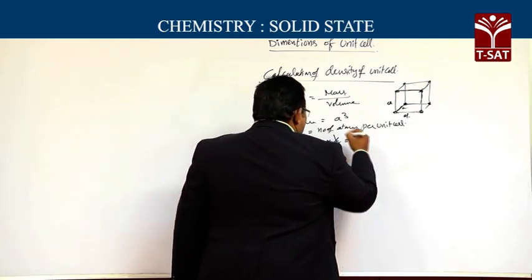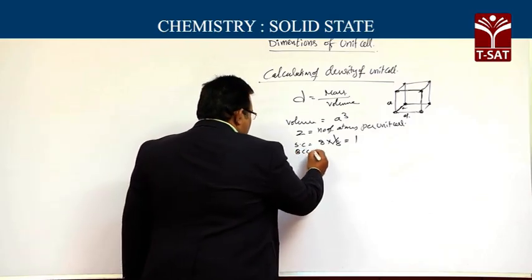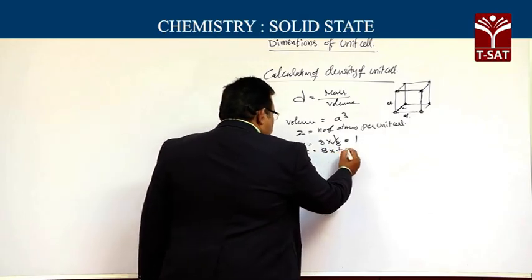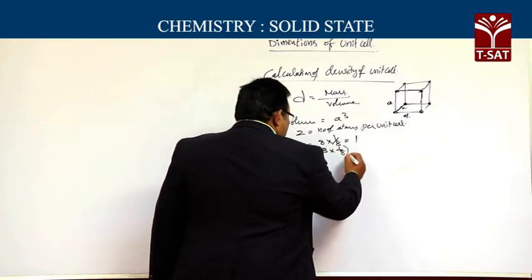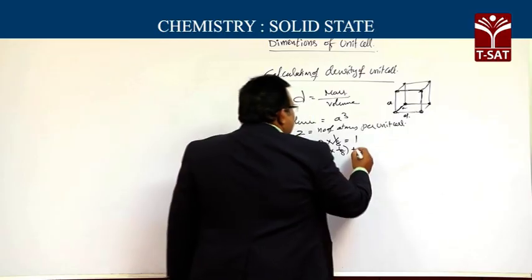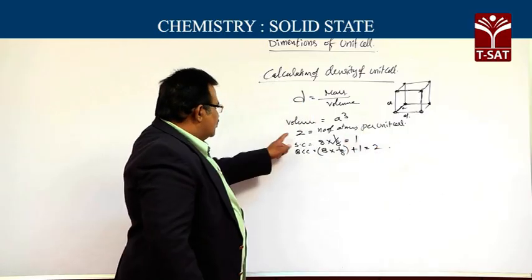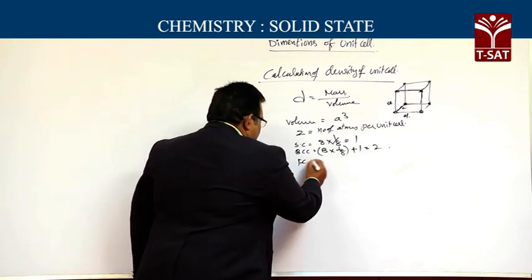So, for simple cubic Z is equal to 1. Similarly, for BCC, corners we take 8 into 1 by 8 and 1 at body center. So, for BCC crystal, that is 2.